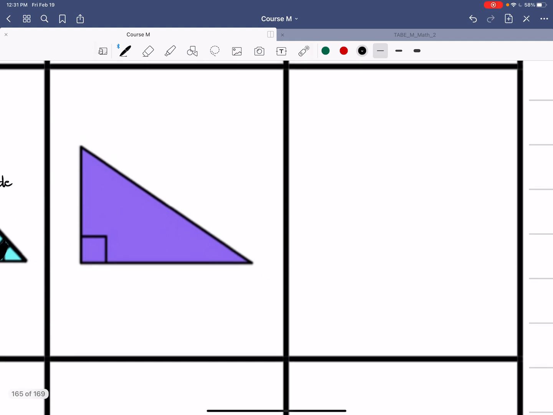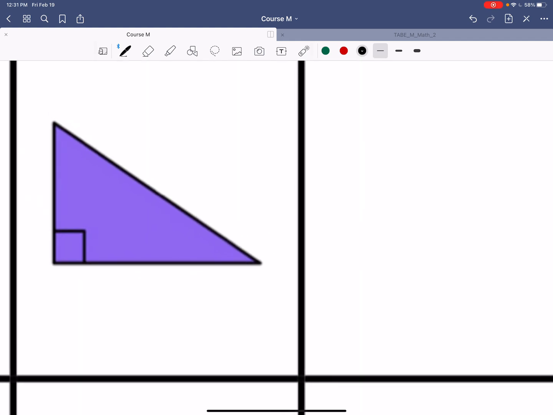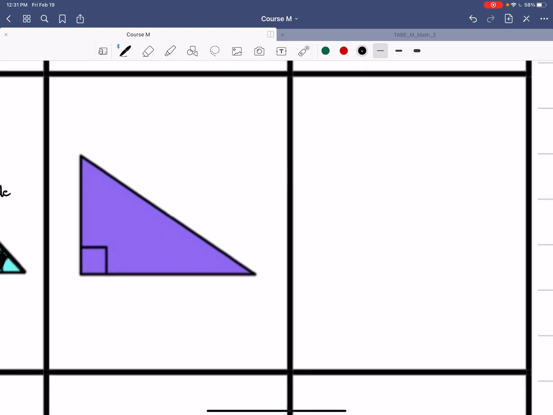This fella, let's study this. This one has what kind of angle? A right angle. This angle is 90 degrees. So that makes this a right triangle.